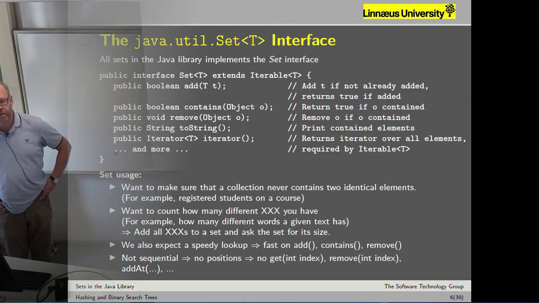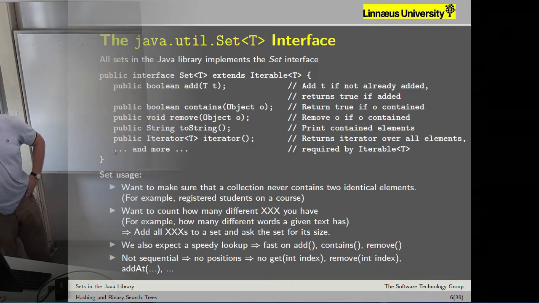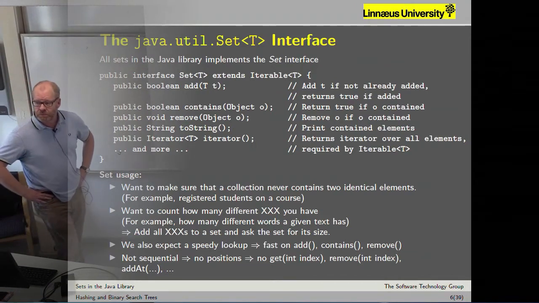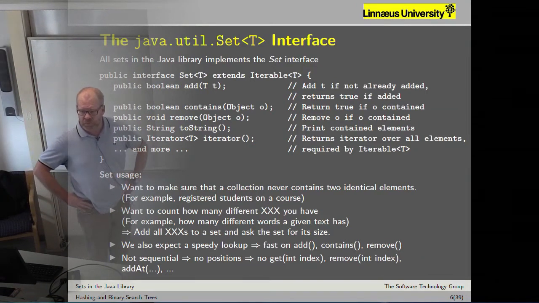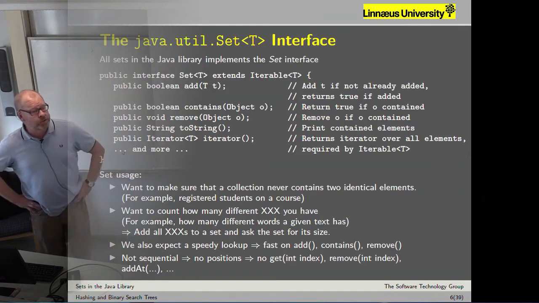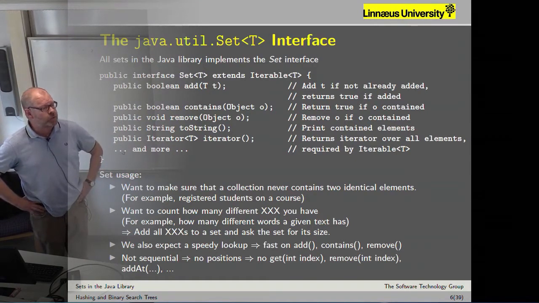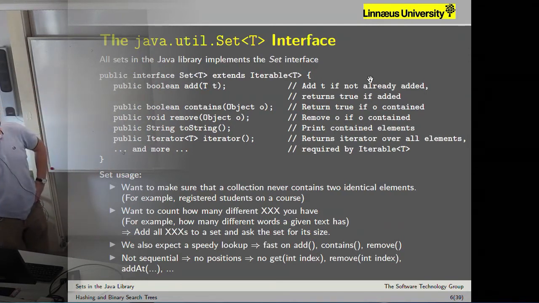What is a set? What is the difference between a set and a list? Sets have no position. You cannot add an element at a certain position and remove it at a certain position. Also, if you try to add an element, it has slightly different semantics here: add t if not already added. It returns true if added.